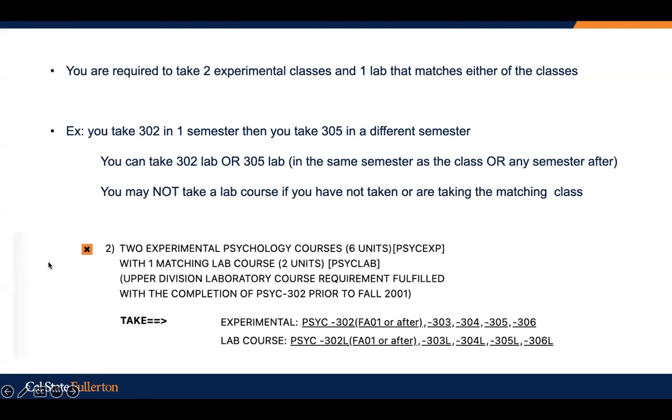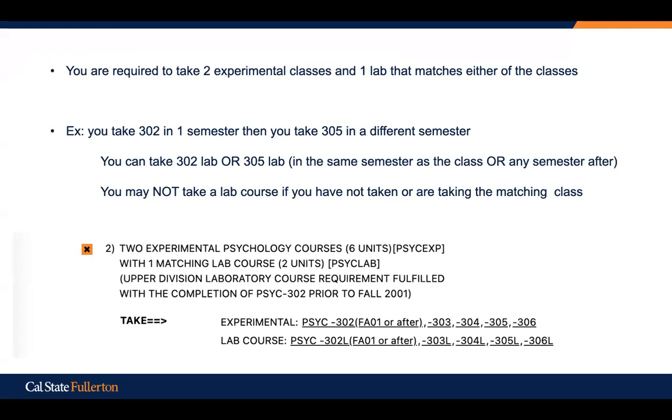So our category 2 is our experimental courses and our experimental lab. This only requires you to take 2 courses and only 1 lab. So you take, for example, 302 in one semester, and then let's say you do 305 the semester after that, or maybe a couple semesters after that, depending on your schedule.